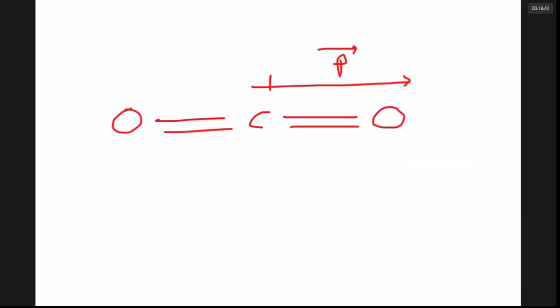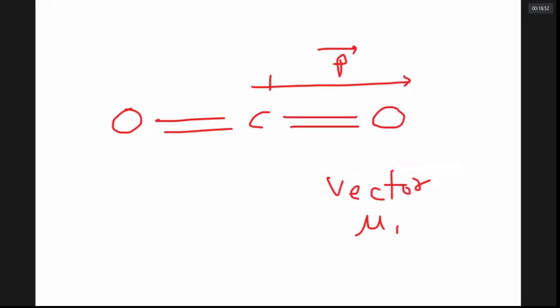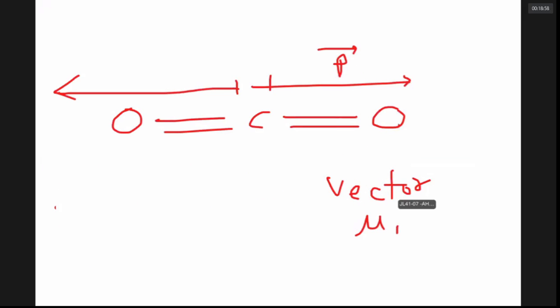Anything that has direction and magnitude is called a vector. This is bond moment mu1. There is another C-O bond, pulling the electrons like this. So it has dipole moment mu2. Can you see that, sir?